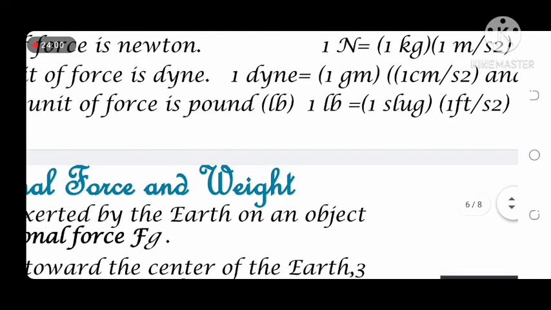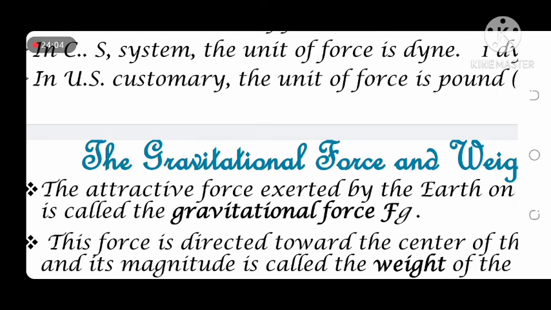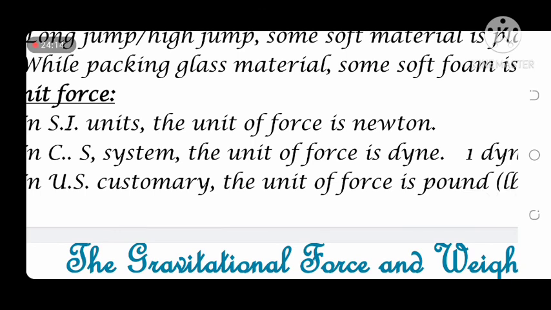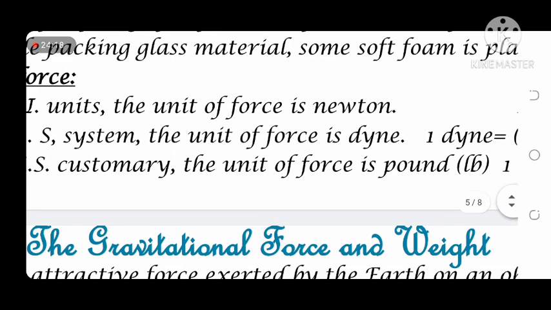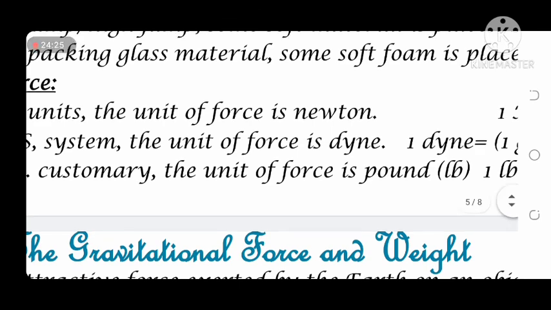Similarly, the US customary system, used in the daily routine of the US, Britain and other countries too, is also called the British engineering system. In some parts of the world, this unit is even used now.